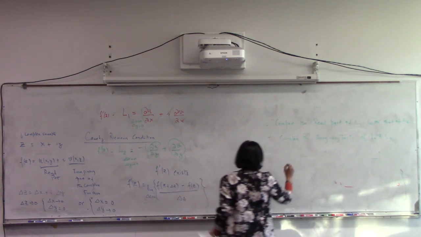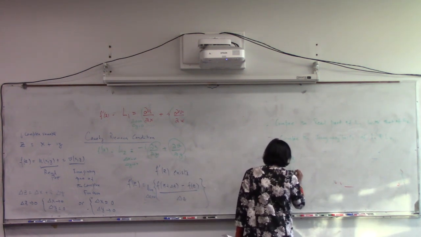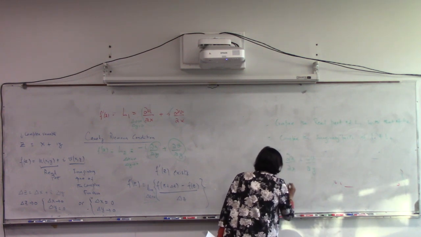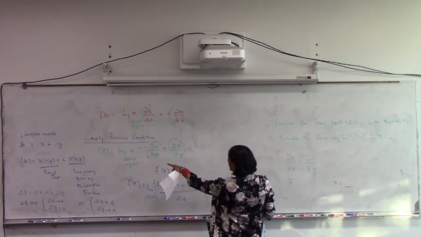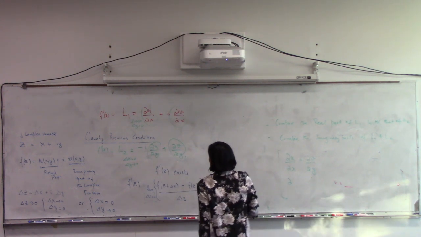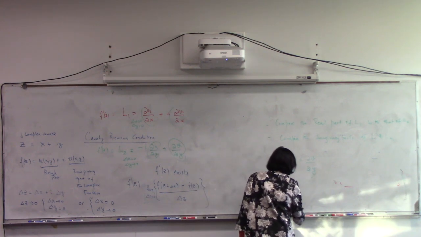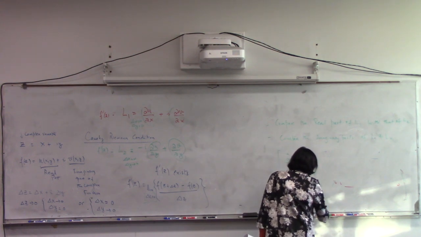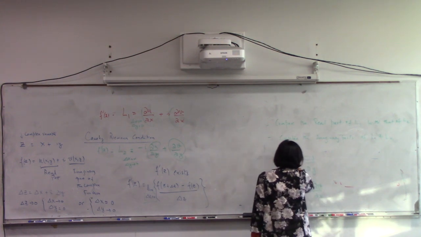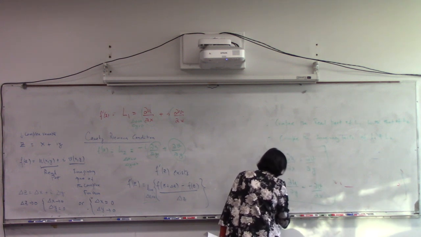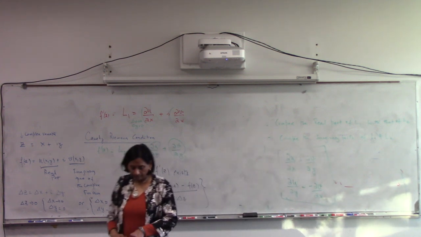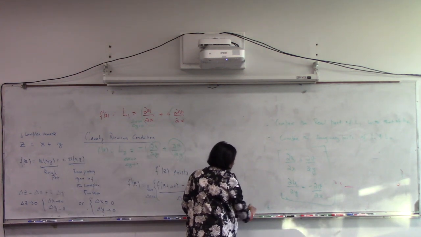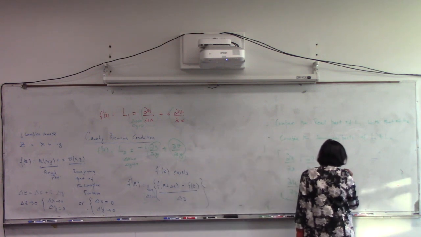That gives me partial u with respect to x is equal to partial v with respect to y, and partial u with respect to y is nothing but negative of partial v with respect to x. So this is what is called the Cauchy-Riemann condition.